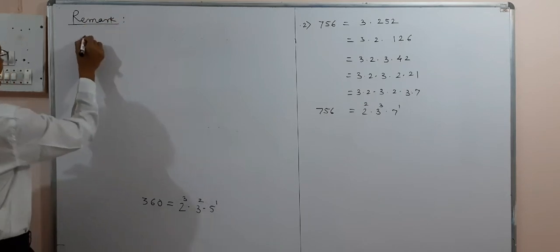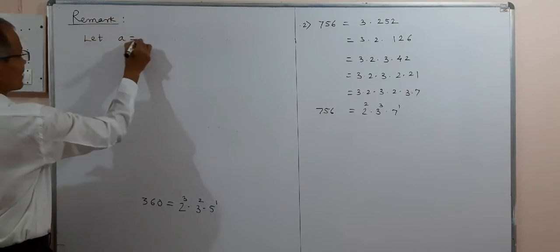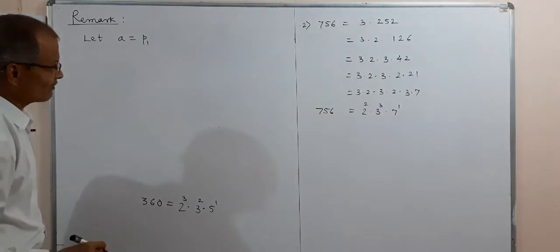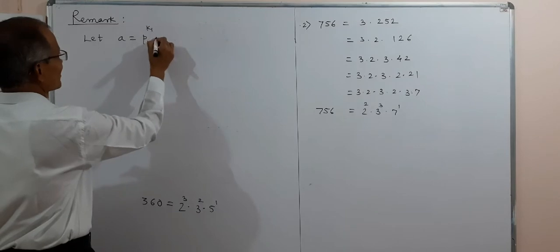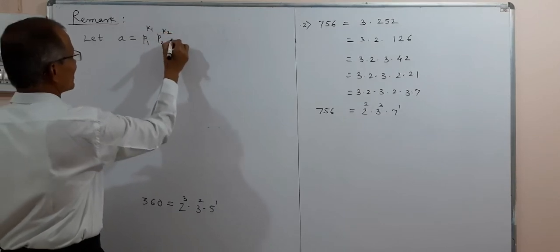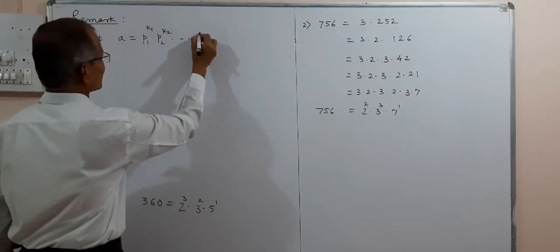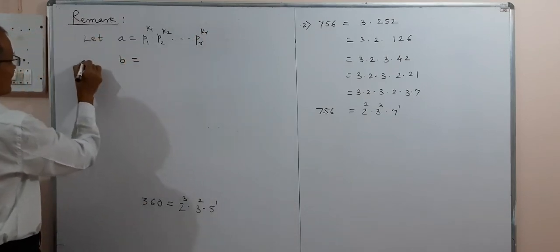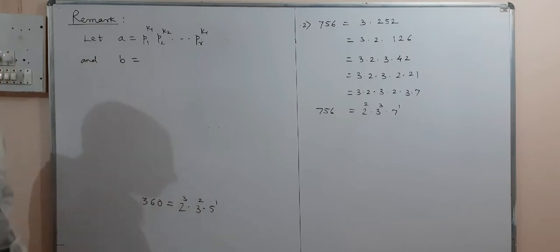Let A be equal to, say, primes we shall consider the same, P1 raised to K1, P2 raised to K2, and so on, PR raised to KR, and B. A and B are expressed in the same primes.